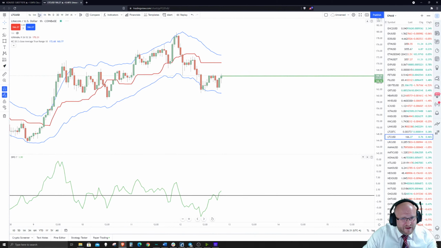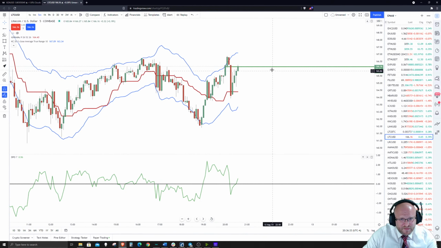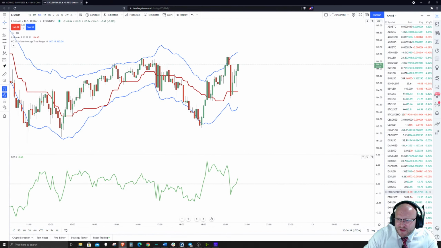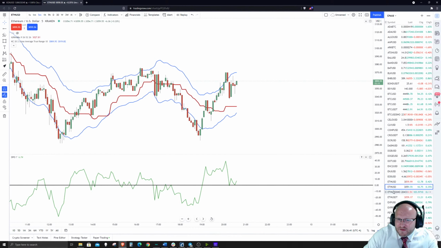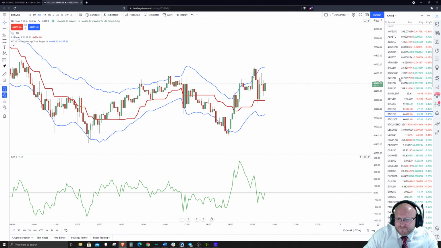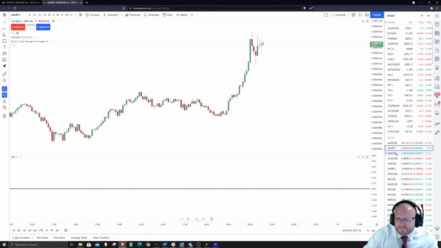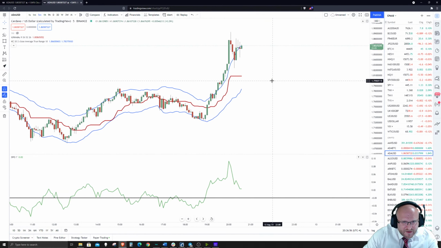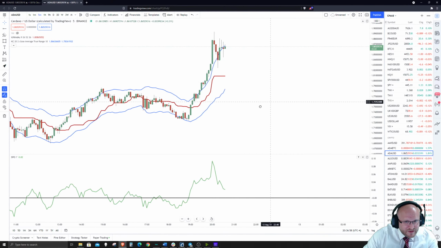I'll do something on a 5-minute chart as an example. I'm going to find a crypto, do something that's as close to live as possible. Ethereum. Okay, so Ethereum, no. Bitcoin. Cardano's got a good setup for a possible short entry.